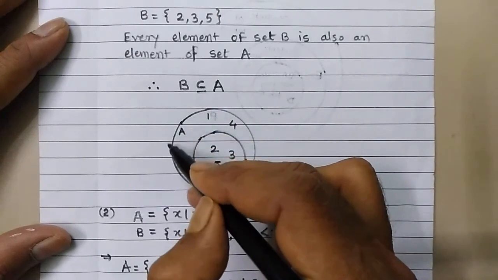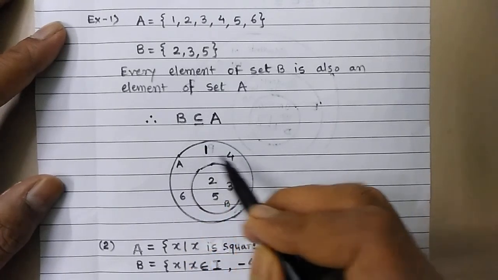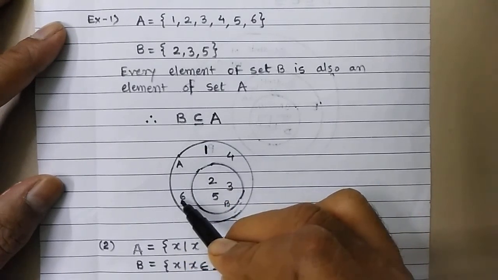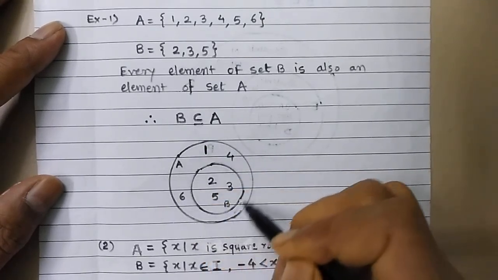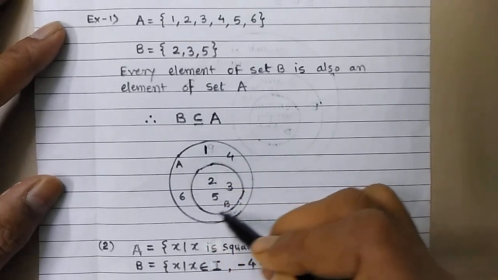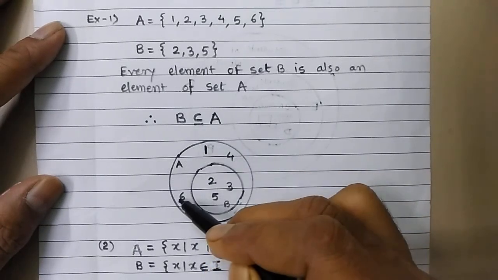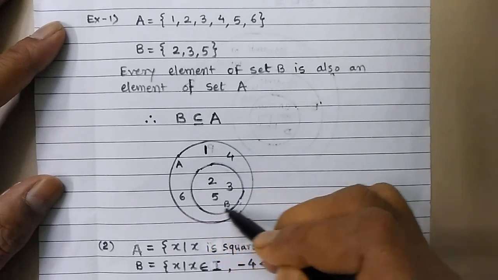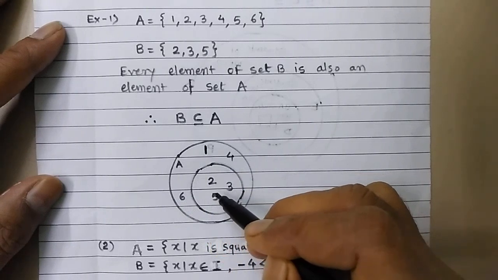And in set A, I have written the elements 1, 4 and 6. But in the area of the bigger circle A, all the elements are present: 1, 2, 3, 4, 5 and 6. And in the smaller circle, I have written only the elements of B.